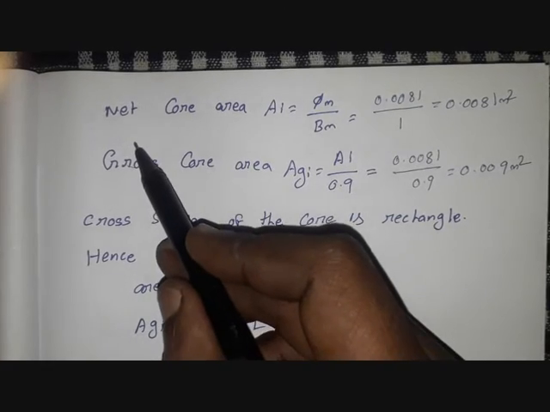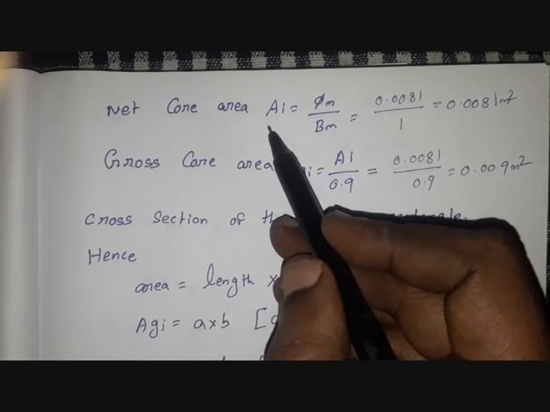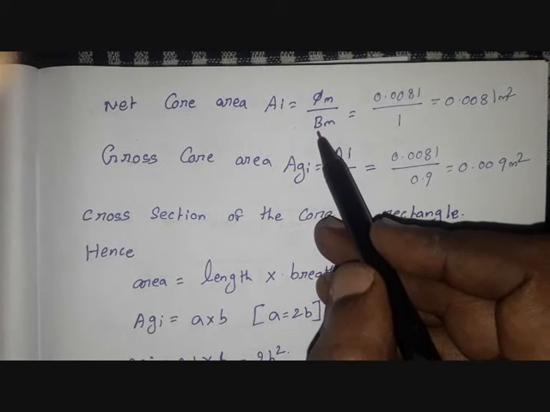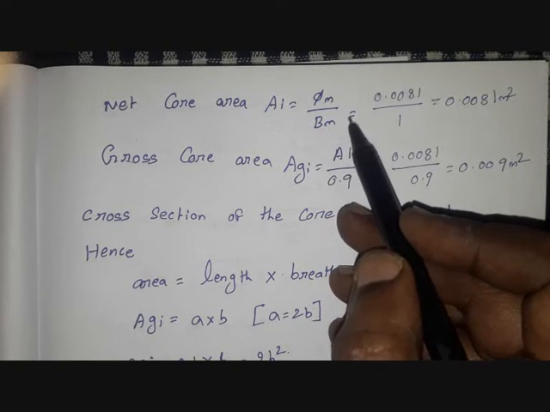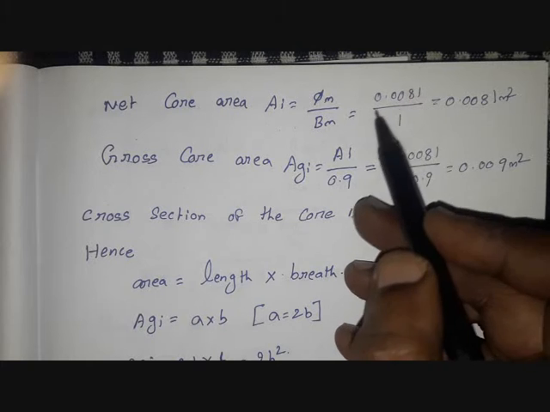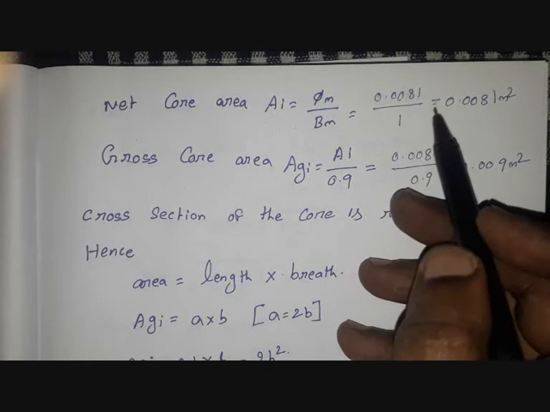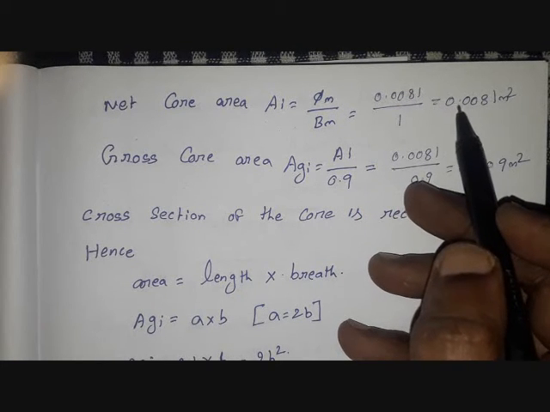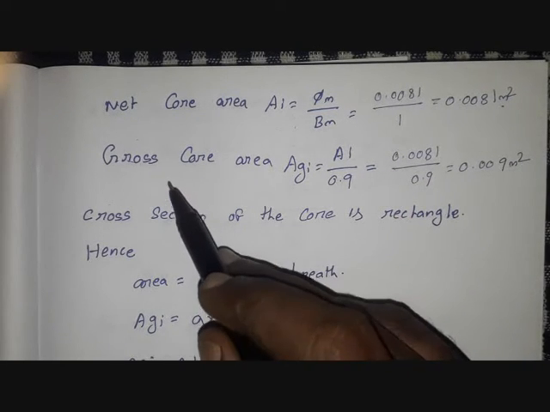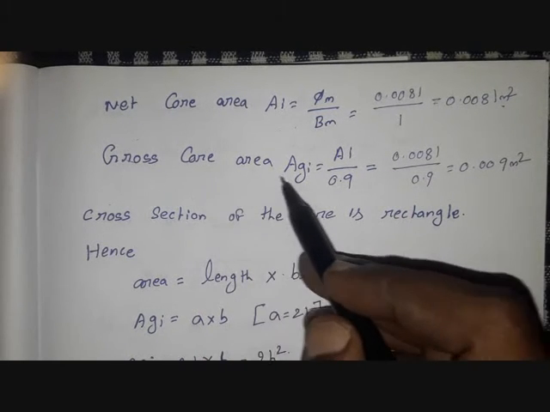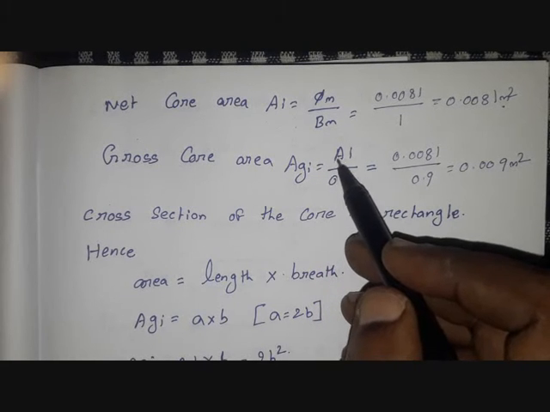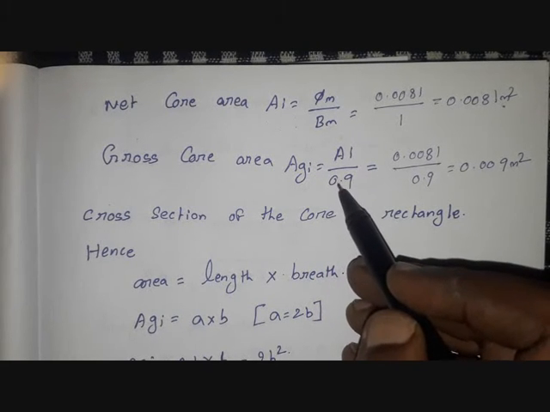Then net core area, this is one solution. AI is equal to pi m divided by Vm. We have the pi m value, that is 0.0081 divided by 1. We can get the same value, 0.0081 meter square. So cross core area AGI is equal to AI divided by 0.9.